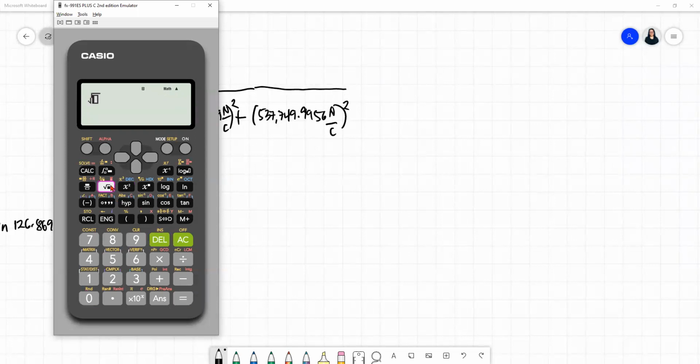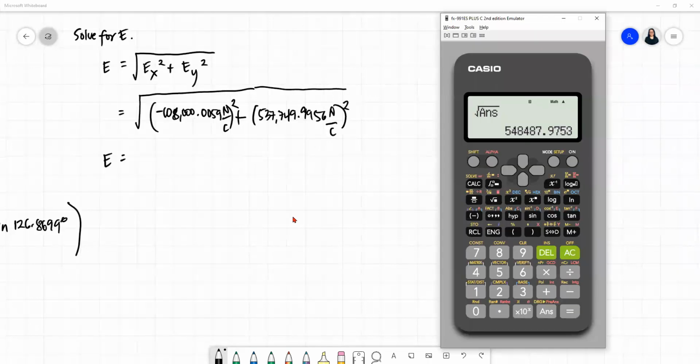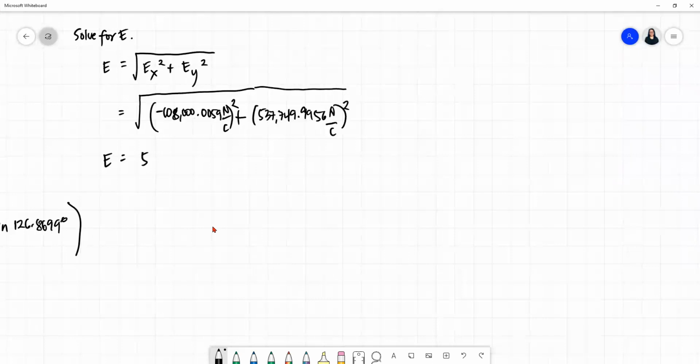And the square root of this is 548,487.975 newtons per coulomb. This is the magnitude.